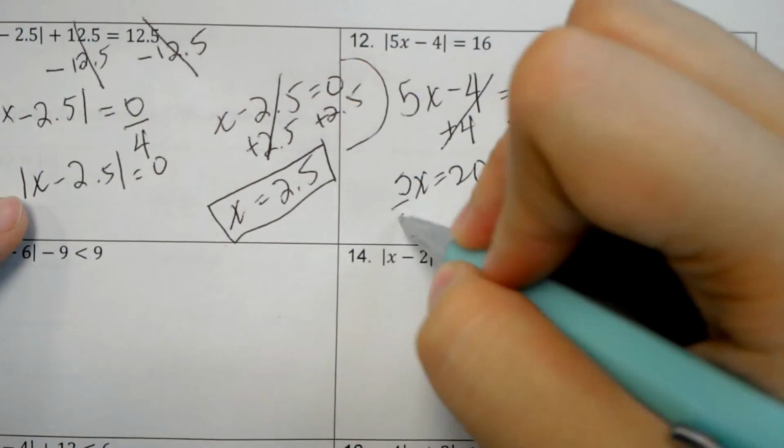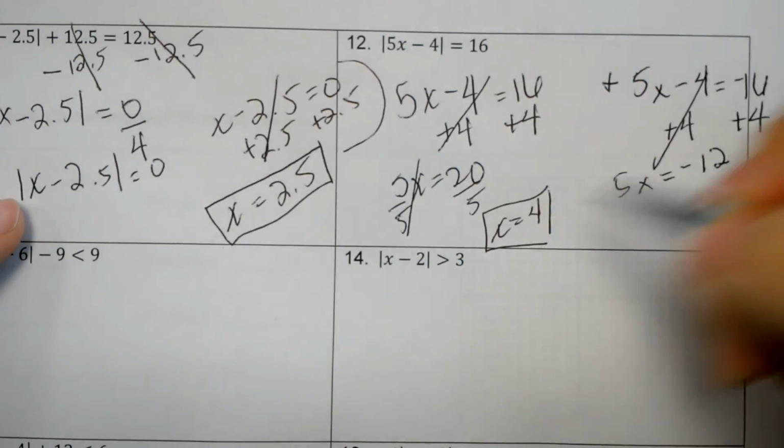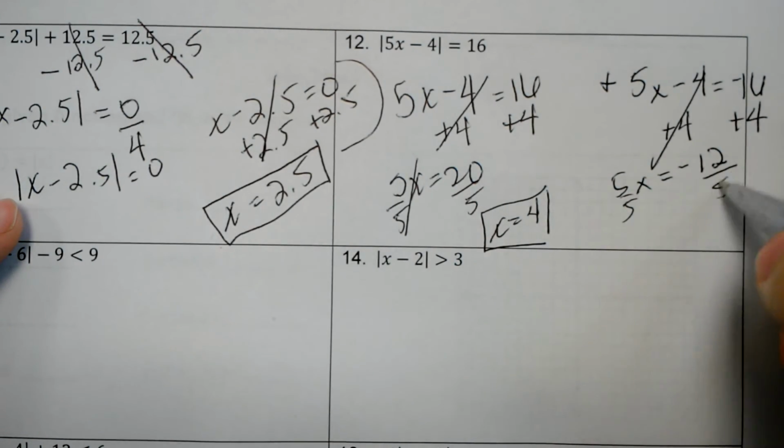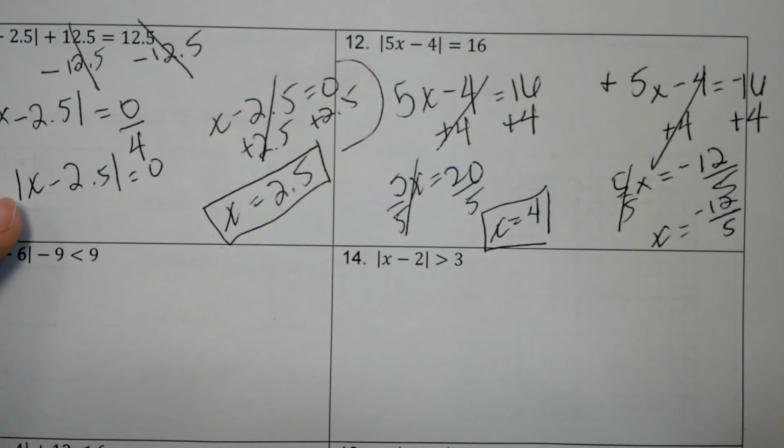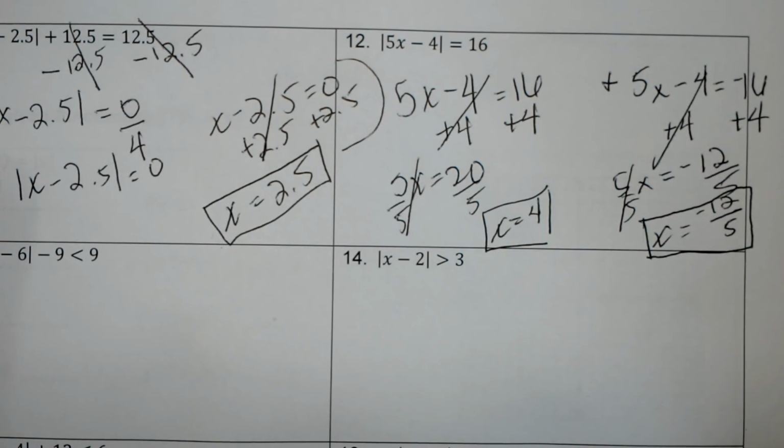So divide by 5. I get x equals 4. And x equals negative 12 divided by 5. On the test, you're going to see decimals. You probably won't see a fraction. But that's negative 2.4. If you want to leave it as a fraction, or if you want to leave it as a decimal, that's fine.